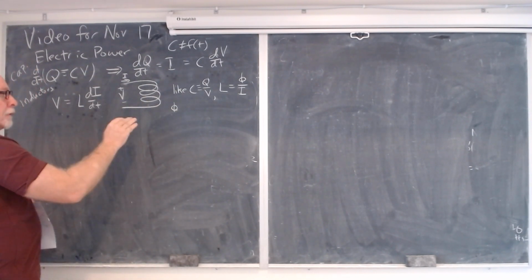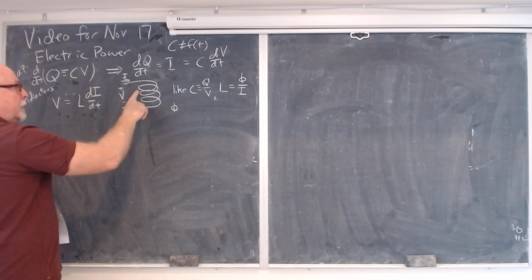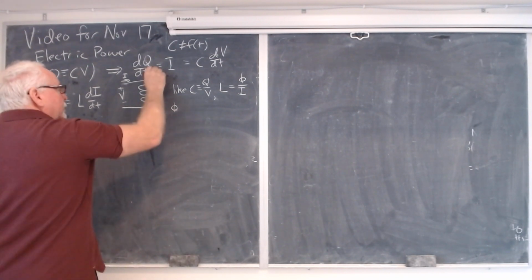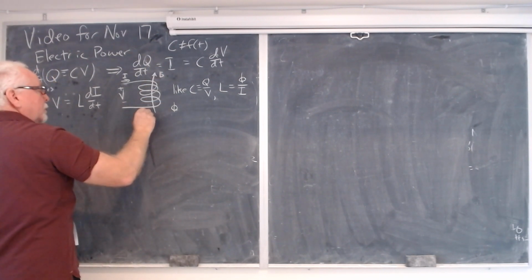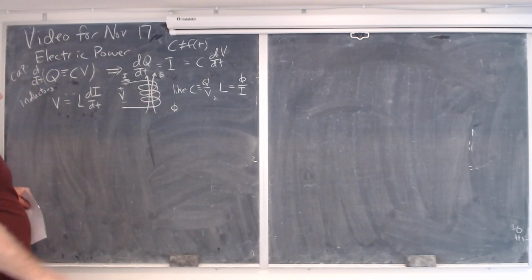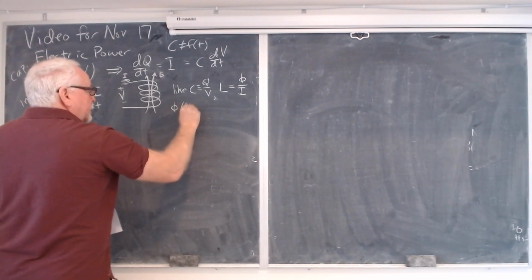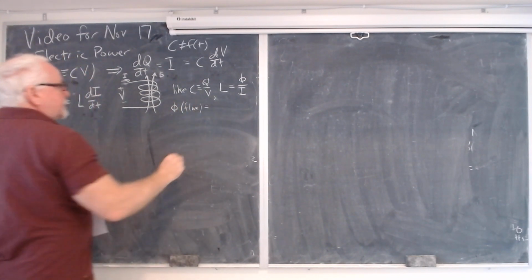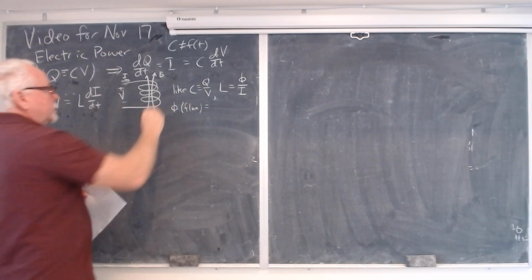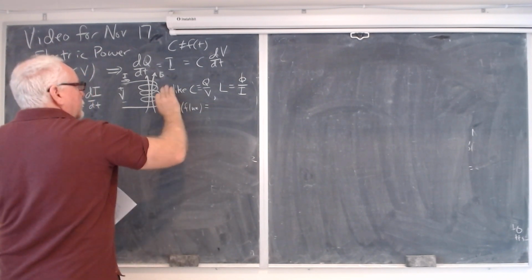Now we know enough from Ampere's law to know, and I'll show in a bit how to calculate, that if I have current moving, I'm going to have a magnetic field. And flux, phi, this is the flux, is equal to the number of turns, let me write it over here.